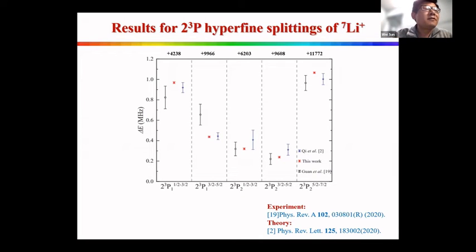For the lithium-7 ion, comparing our experimental results with those derived from the saturation spectroscopy, we can see that they generally agree well. But results from the optical Ramsey method have improved the accuracy of those from saturation spectroscopy by a factor of 5 to 10.